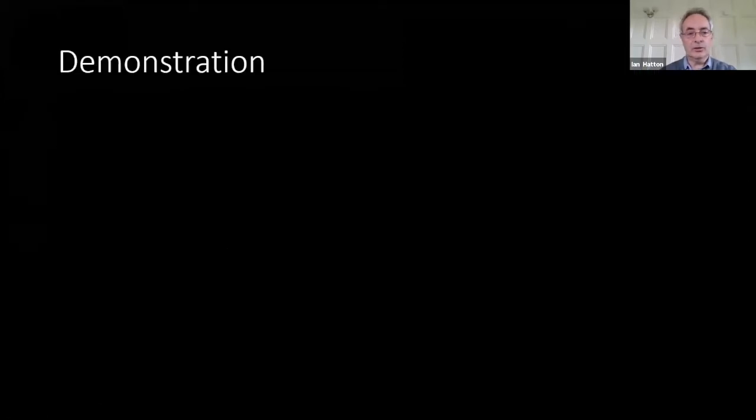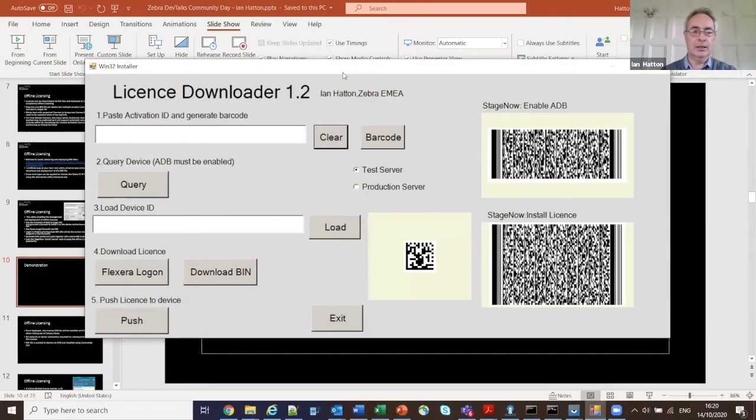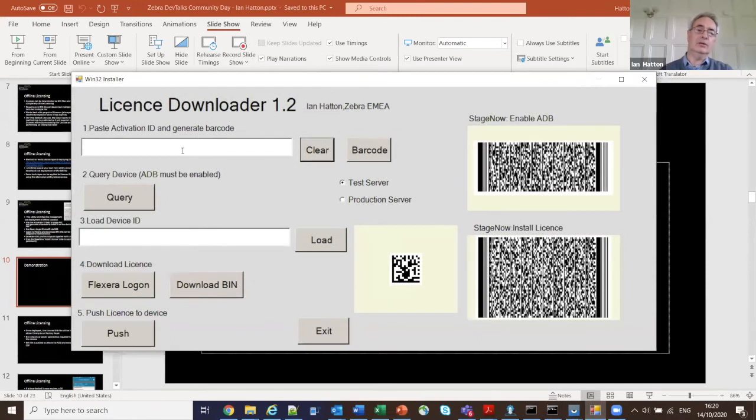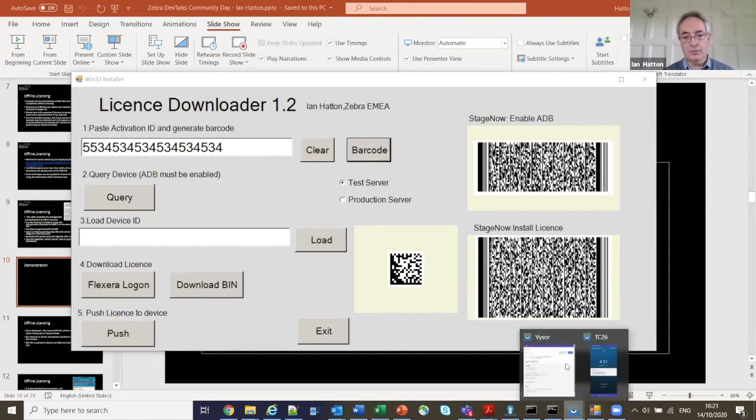So I'm going to show you the utility itself actually running. As I said, if I cut and paste a license activation ID into this field and hit barcode, that exact text will be encoded in this barcode. And so when you scan it on the device, then you can activate that license. I have a TC26 connected to my machine.